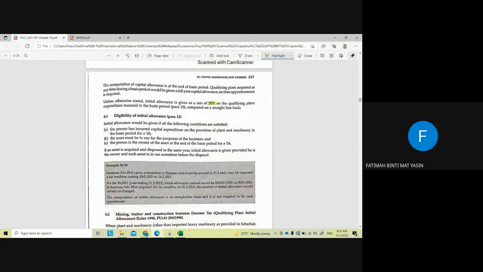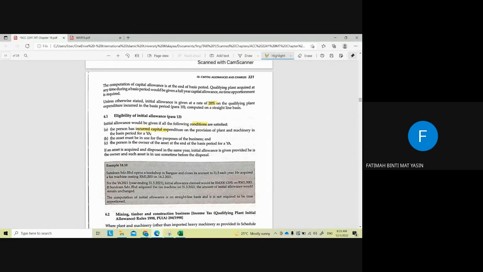Okay, 6.1 discusses the eligibility of initial allowance. The company needs to fulfill these conditions in order to claim the initial allowance. A, the person has incurred capital expenditure on the provision of plant and machinery in the basis period for the YA. So it means the company paid or incurred some cost to acquire that asset.